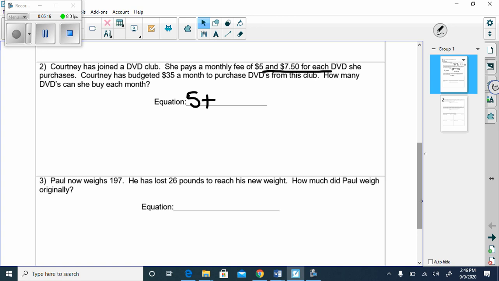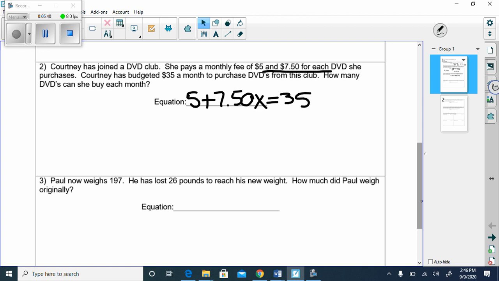So how would that look? Plus $7.50. Put our variable with it because we don't know how many DVDs she's going to buy. But whatever I get here should give me my total, right? So I need to put what? 35 equals 35. Good.